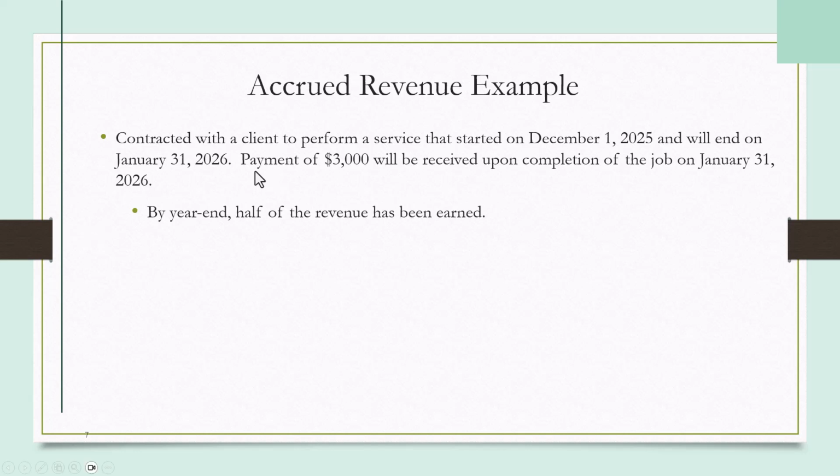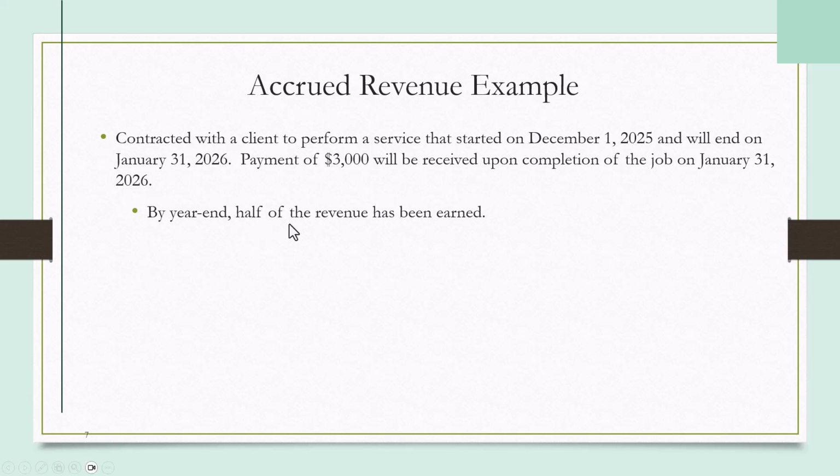And in this example, payment of $3,000 will be received when they complete the job on January 31st. So they're going to work on this job for 2 months and then receive payment at the end. By year end, they might be doing their adjusting entries, and they might look at this situation and try to figure out how much of the revenue they've earned so far so they can record that revenue.